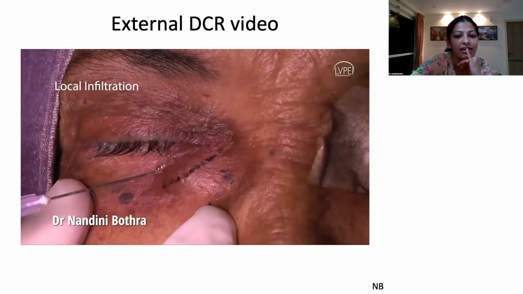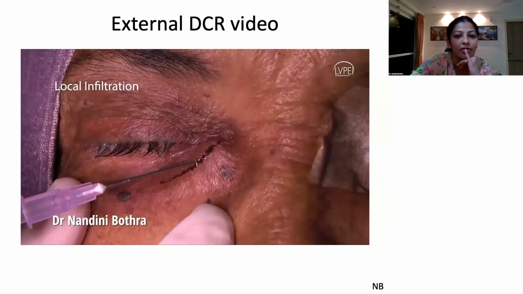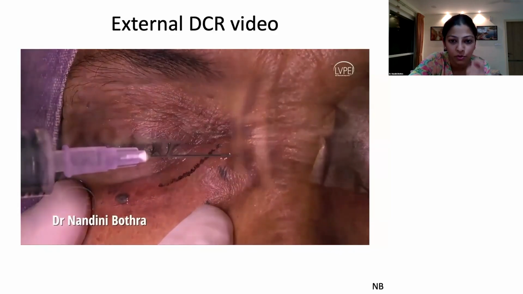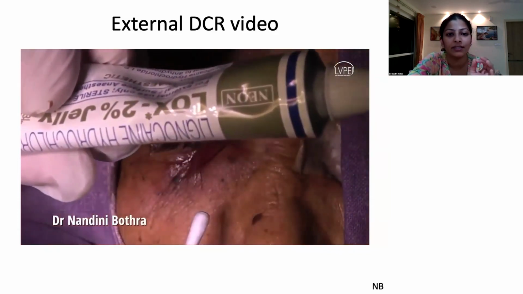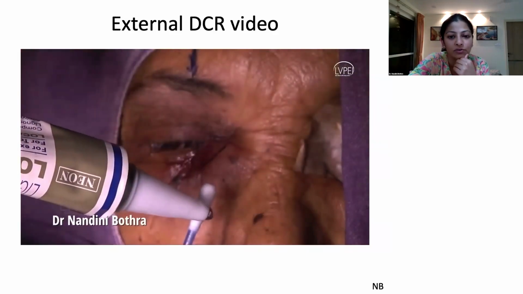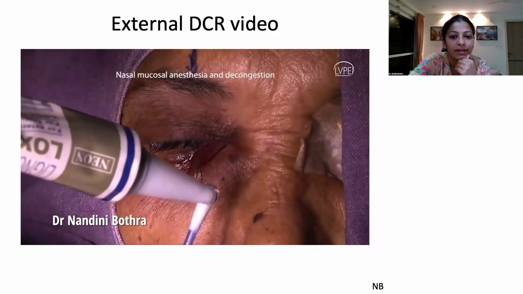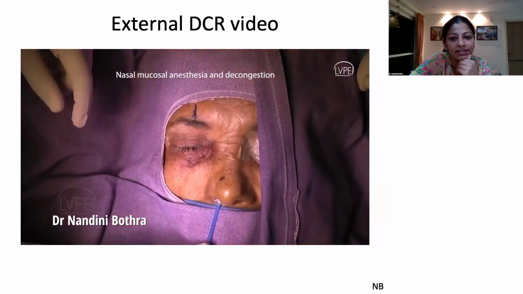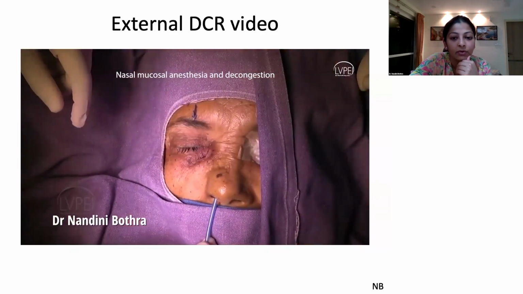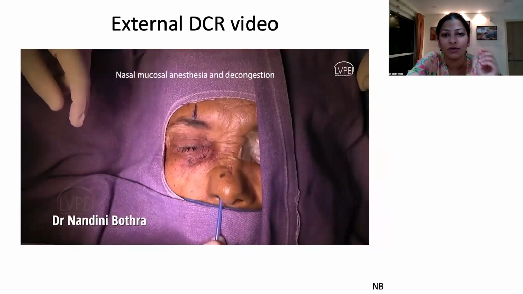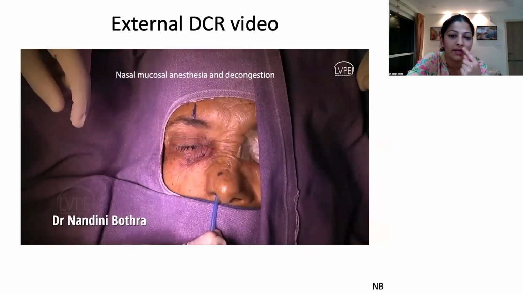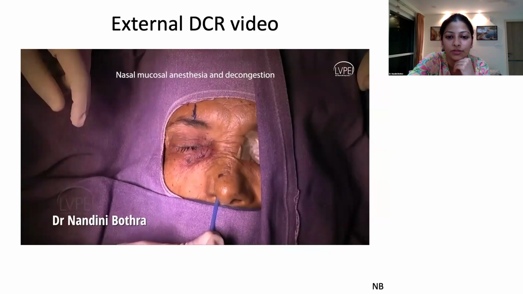And then you locally infiltrate in the area of the incision. Now, this local infiltration, you have to do irrespective of your anesthesia, even if you're doing it under general or local. Then you take some lignocaine jelly and you anesthetize the nasal cavity. Here you can also use some xylometazoline or oxymetazoline nasal drops to get some decongestion into the nose.